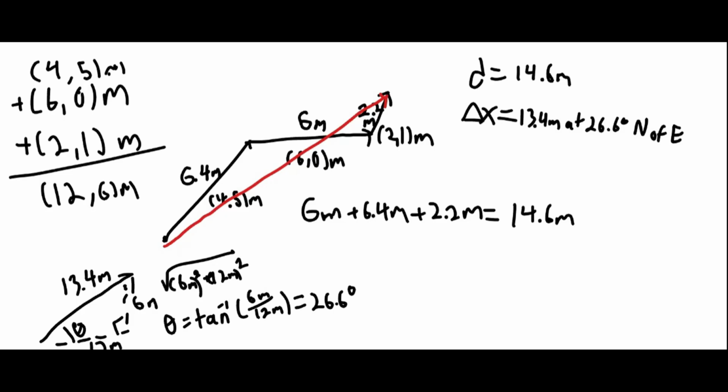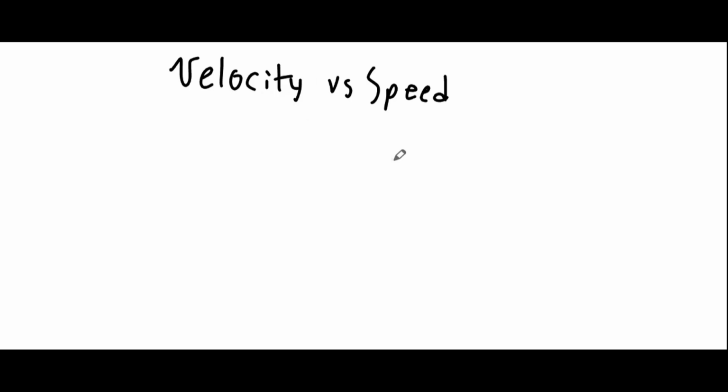Now, let's go on to the next part of this topic, velocity. With velocity and speed, we're in a similar situation as we were with displacement and distance. Speed, which is what we're used to referring to it as, is the scalar quantity. Velocity is the vector quantity.